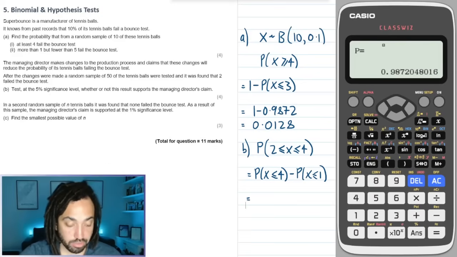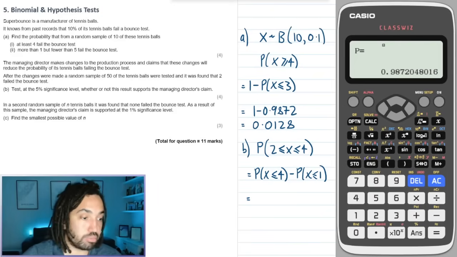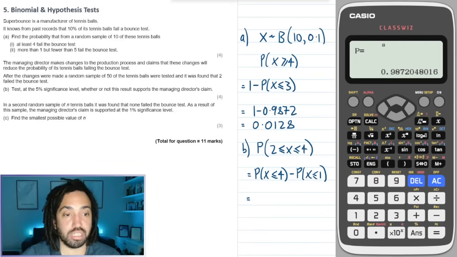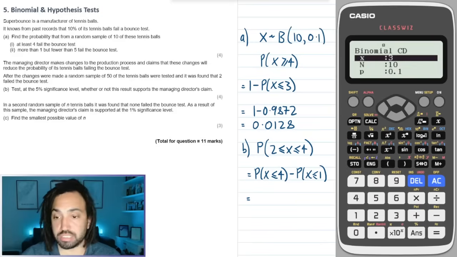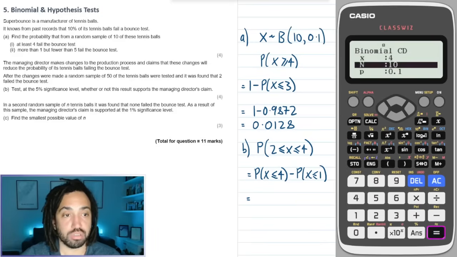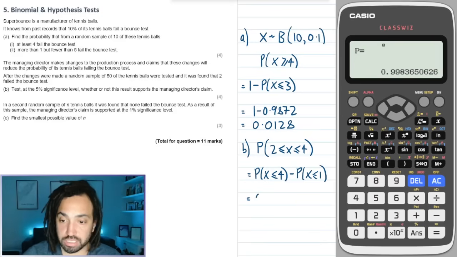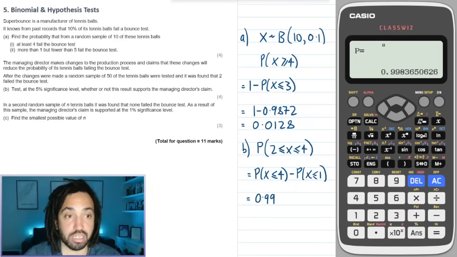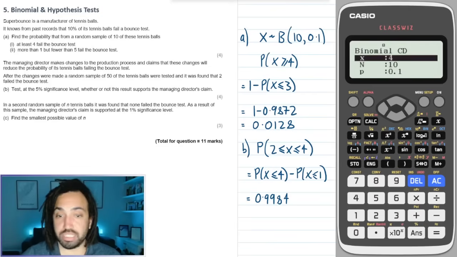Okay, so in order for us to do this, we're going to need again to go to our distribution. Whoops, where is it? There it is. And we've got that already set up. So we need 4, which is 0.998, and then we need to go back again and do 1.